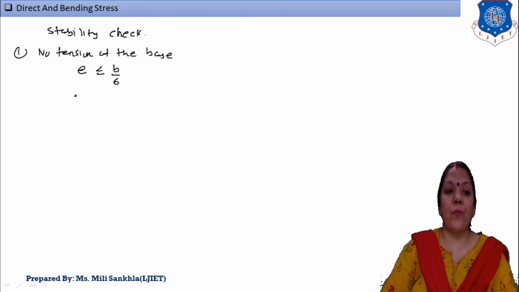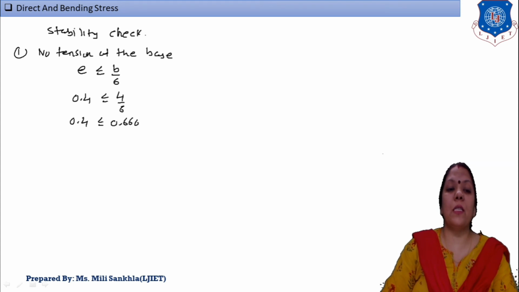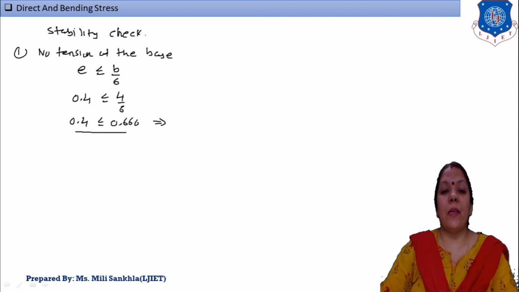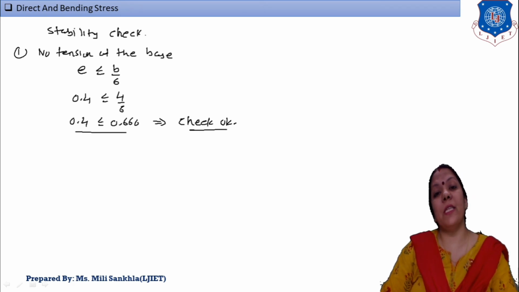E is equal to 0.4 right here, and it is less than or equal to B by 6, that is 4 by 6, which is 0.666. That means this check is okay. If our condition is satisfied, then write down check is okay. That means this given dam is safe for tension, no tension at the base.